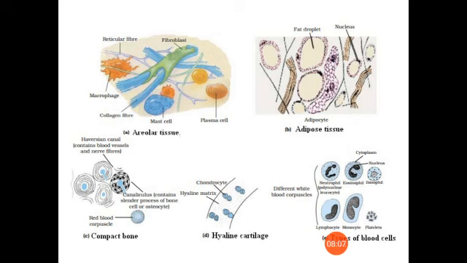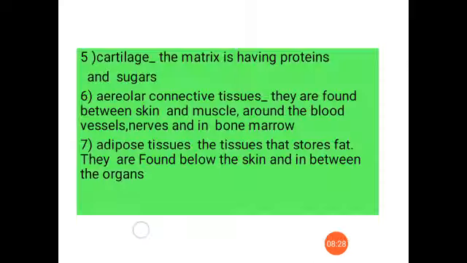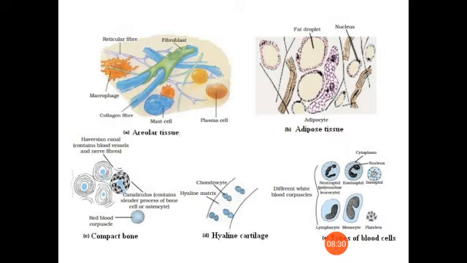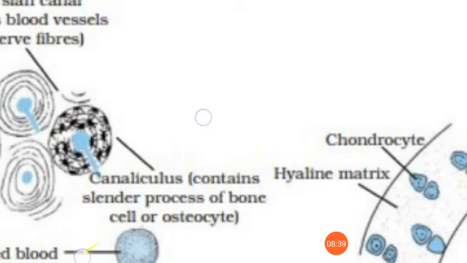Is it clear? Then this is a cartilage. You can see the chondrocytes are the cells embedded in the matrix of the cartilage. So this is a cartilage containing the matrix, and in the matrix you can see the living cells. And this is a diagram of a bone, where you can see the matrix, and in the matrix you can see cells.